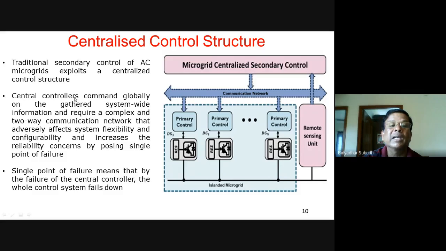The centralized controller commands globally the gathered system-wide information and requires a complex two-way communication network that adversely affects system flexibility and configurability and increases the reliability concern by posing a single point failure. So if the centralized controller fails, then the whole system fails because there is only one centralized controller here. This single point failure means that by the failure of a central controller, the whole control system fails.